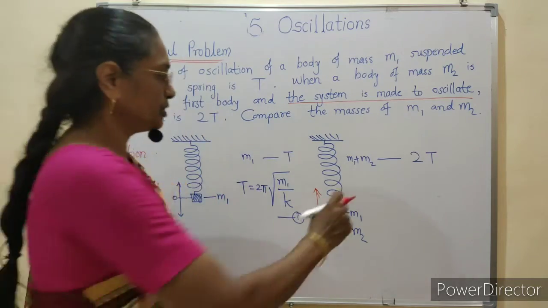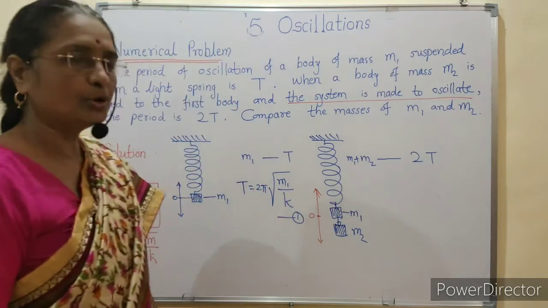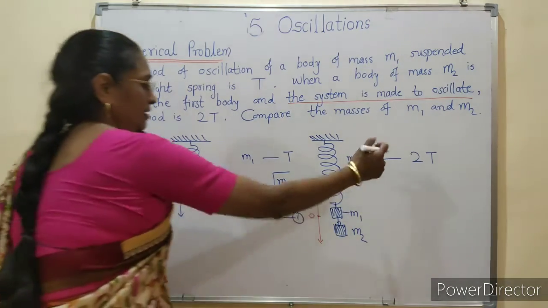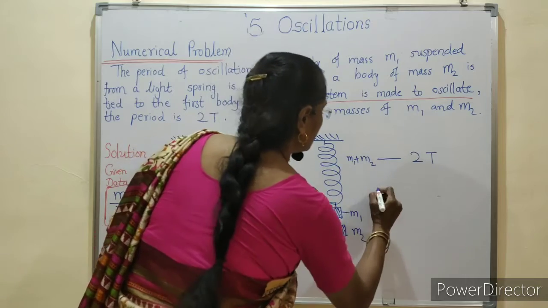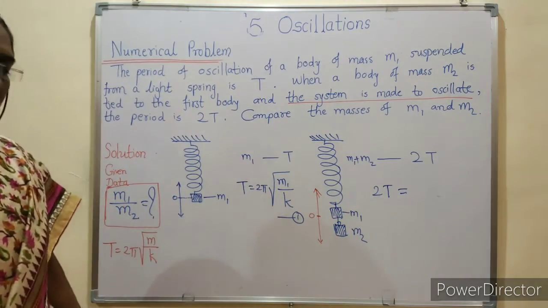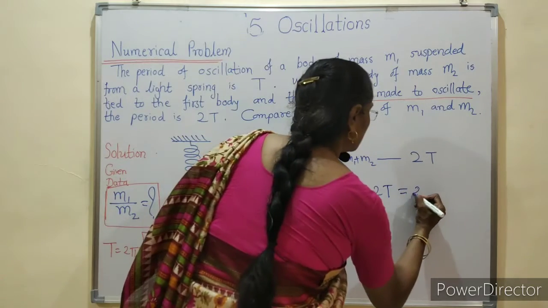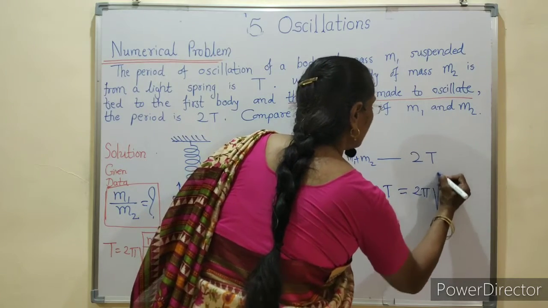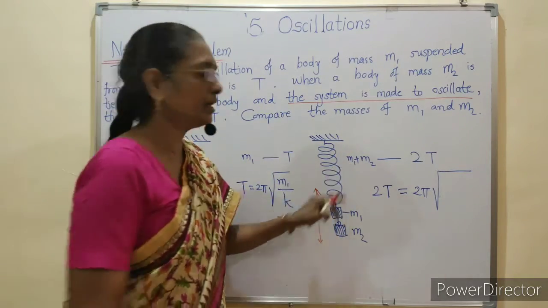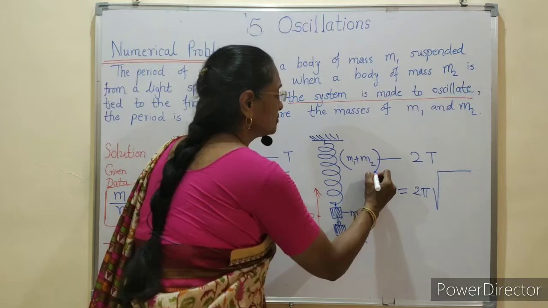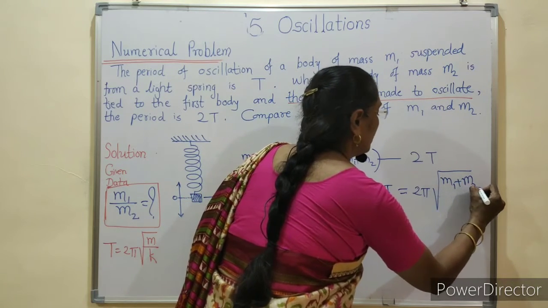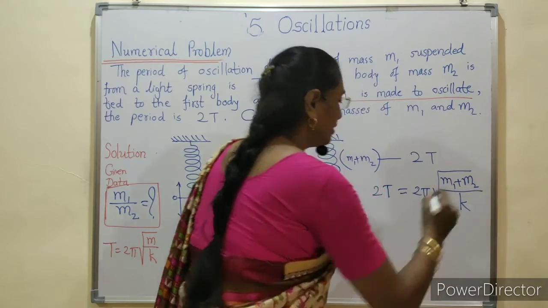For the second situation, we write the formula for period. Here in this case the period is twice T. We substitute in the formula: twice T is equal to twice pi under root, instead of m1 we take the mass of the system, which is m1 plus m2, divided by k.